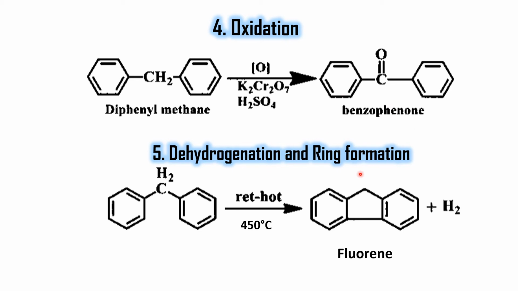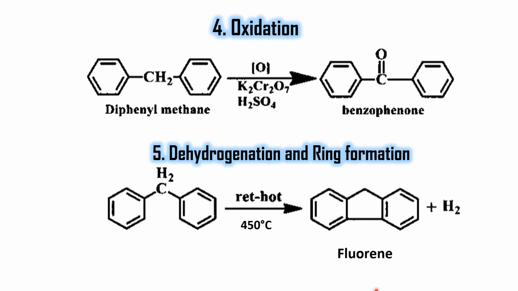The last reaction is ring formation via dehydrogenation. So in this reaction also dehydrogenation takes place, but that is from the central methylene group. If you pass diphenylmethane through a red hot tube at a temperature of 450 degrees Celsius, then there is loss of hydrogens from these two carbon atoms, and there will be a bridge formation which can lead to completion of the ring at the center.